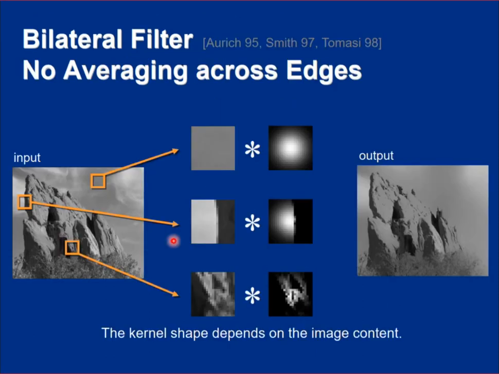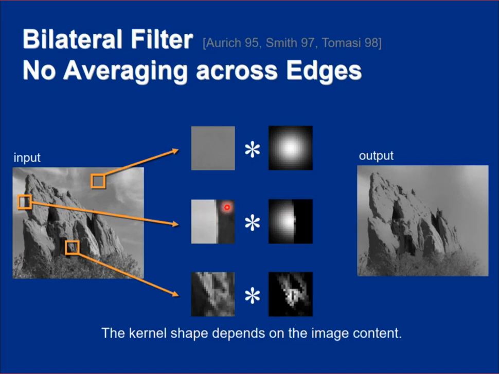Like this. The difference of the intensity at the left region, because all of them are very bright, is small. So their weight is large.